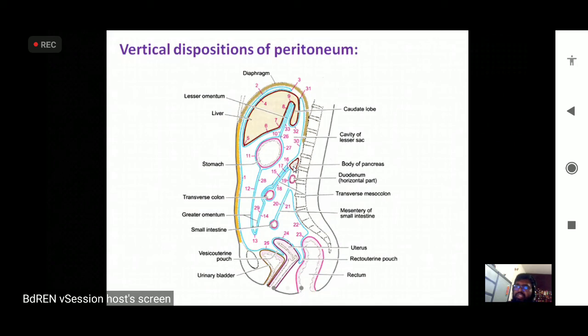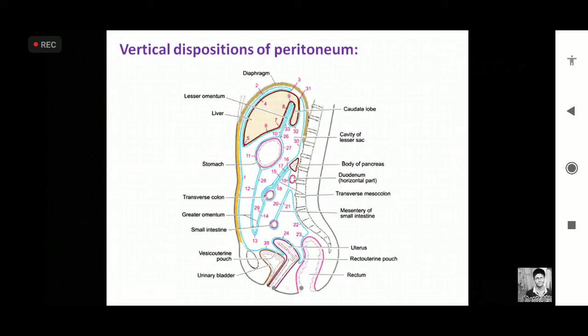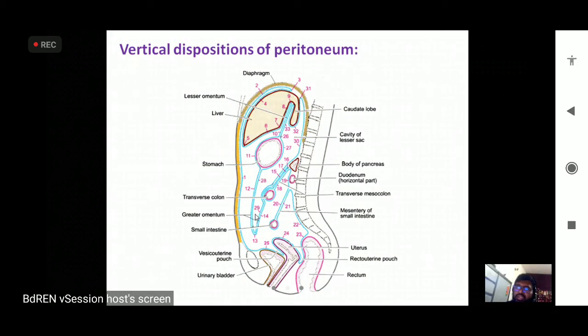Rather, it goes above the pancreas to reach the posterior abdominal wall, goes high up in the posterior surface of the stomach, liver. Then it goes downwards to reach again the porta hepatis, and eventually it meets the lesser curvature of the stomach. By this way, the lesser sac is formed.